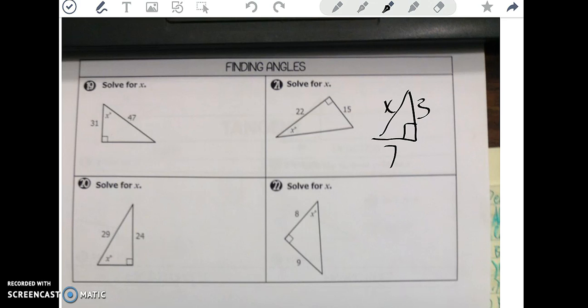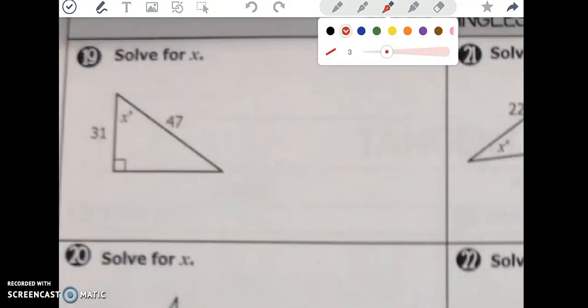Most of the examples we're going to do in the flip book, none of them have two sides to find a third. Now we may have two sides to find an angle, but not two sides to find a third side. So these next four problems we're going to be dealing with finding angles.